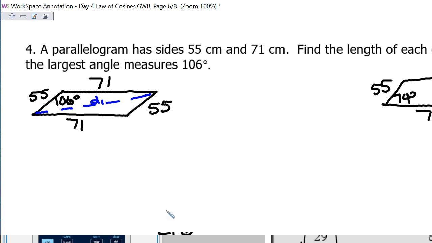And the second diagonal would be this one. Oops, I was trying to change it to red and it didn't change. I'll call that one D2 for diagonal 2. And let me call this angle A, angle B, angle C.